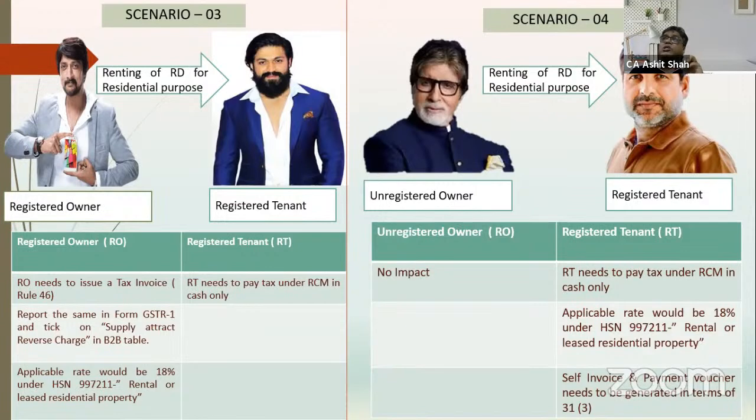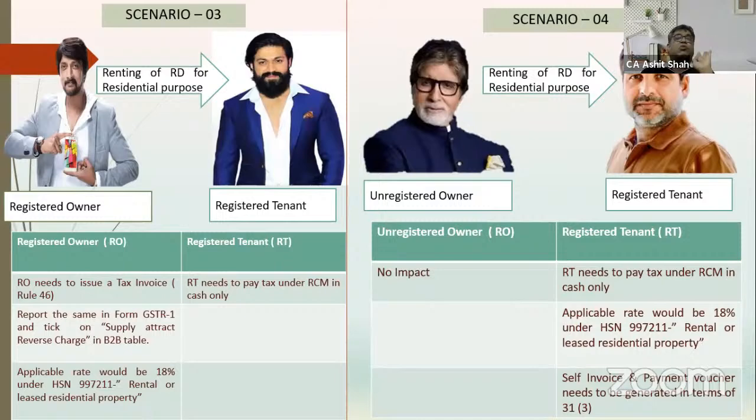If the property is for commercial purpose, then the tax needs to be discharged, so he has to make the invoice. If that property is a residential property used for residential purpose, then it's an exempt supply. There he has to issue a bill of supply if he wants to. But there the benefit is available that he need not issue the tax invoice.